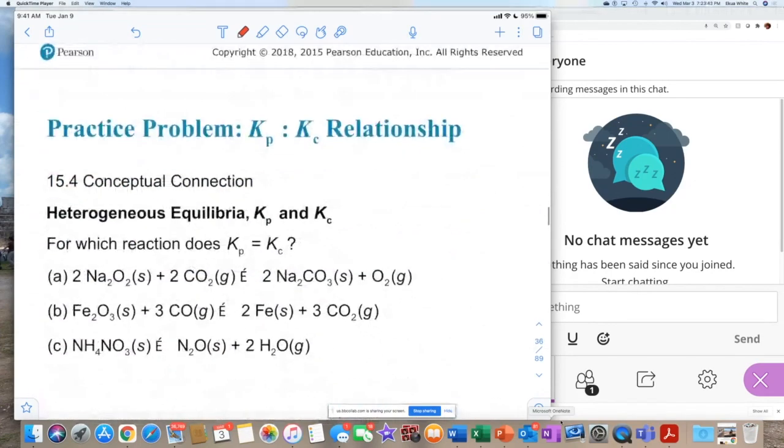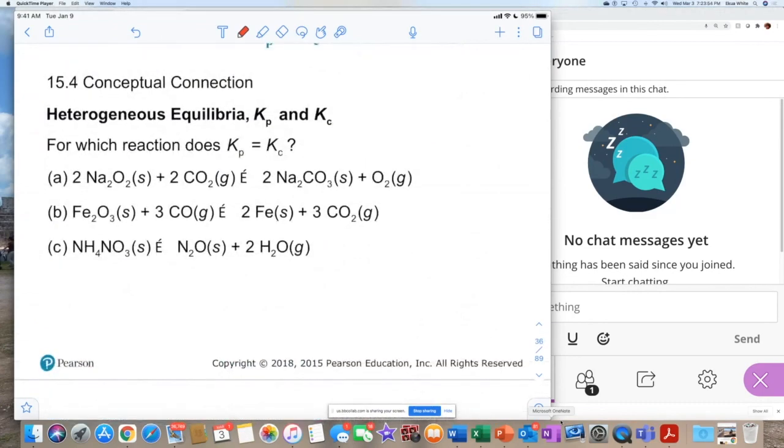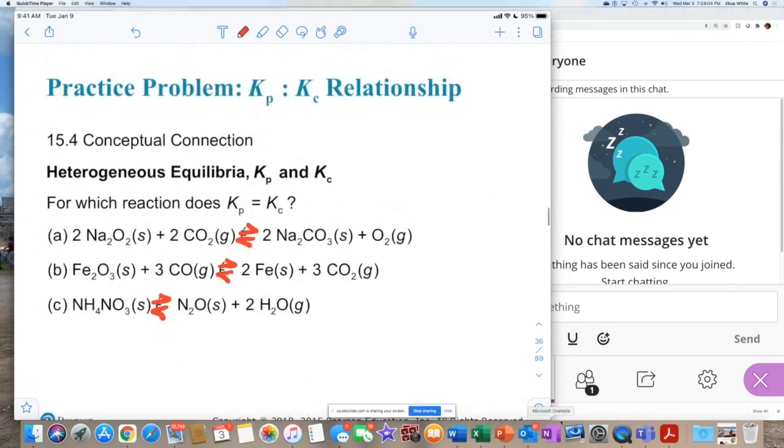Looking good. Remember how I told you that you have to figure out, given an equation, which one has Kp equal Kc? So this looks weird to me, so I have to bring in my equilibrium arrows. Remember, Kp equals Kc when the number of moles of product minus reactant equals 0.